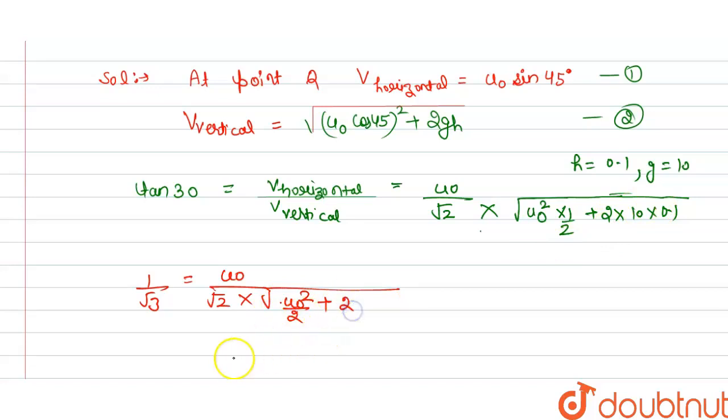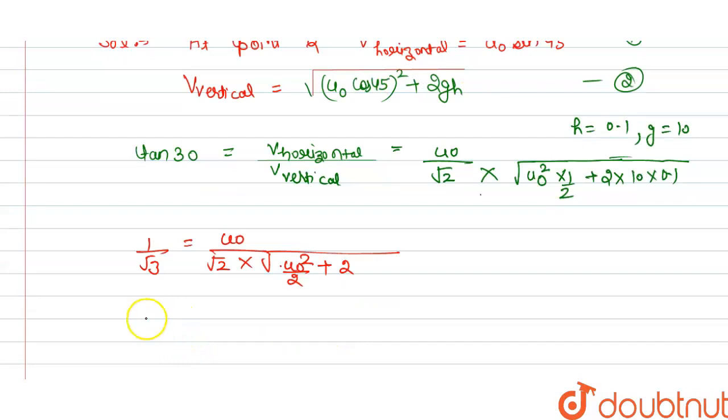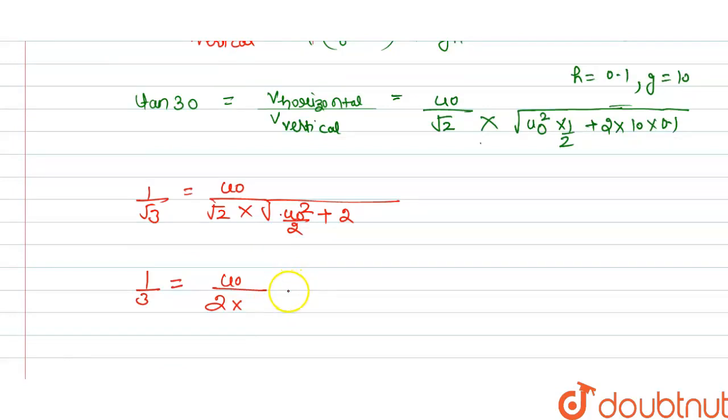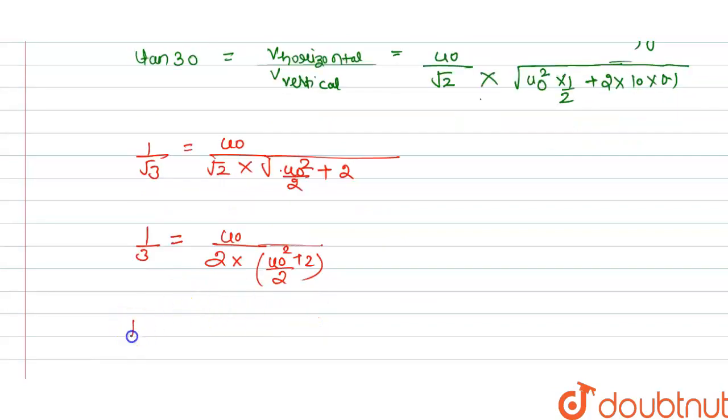And by squaring both sides we get 1 by root 3 is u0, the initial velocity, divided by 2, and square and root will cancel out here. So we are left with u0 divided by 2 in square plus 2 here, and by taking LCM we get u0, and 2 and 2 cancel out, so we are left with u0 square plus 4, as we have taken 2 as LCM.